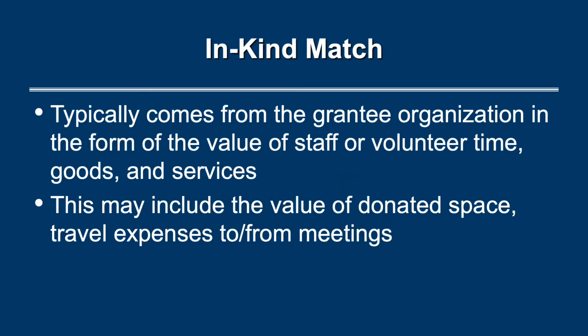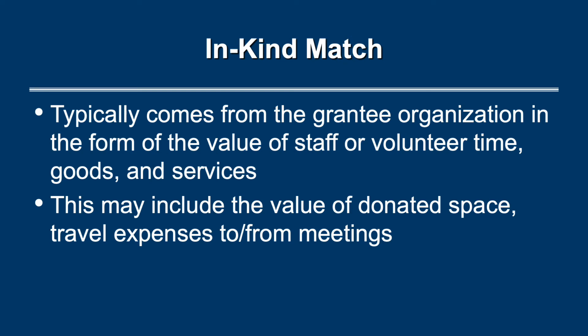In-kind contributions typically come from the grantee organization or collaborators as staff or volunteer time, goods, or services. Goods would be items that you will use during the project year, such as office supplies. Services could be from a translator or graphic designer.